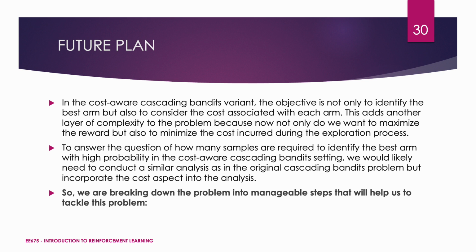Now, to tackle this complex problem effectively, we plan further to break it down into smaller steps. By breaking down the problem into smaller components, we can systematically address each aspect and develop strategies to optimize both reward and cost considerations into the decision making process.